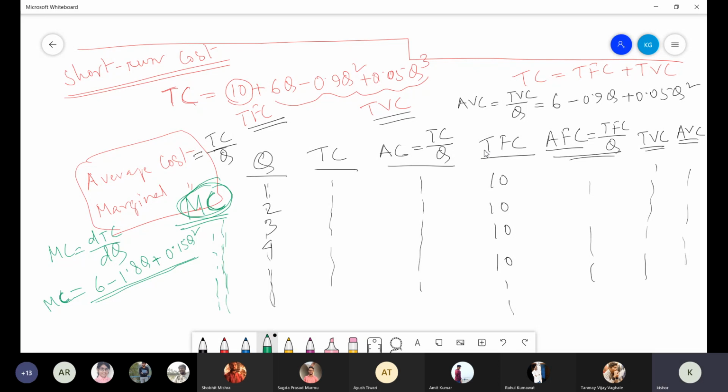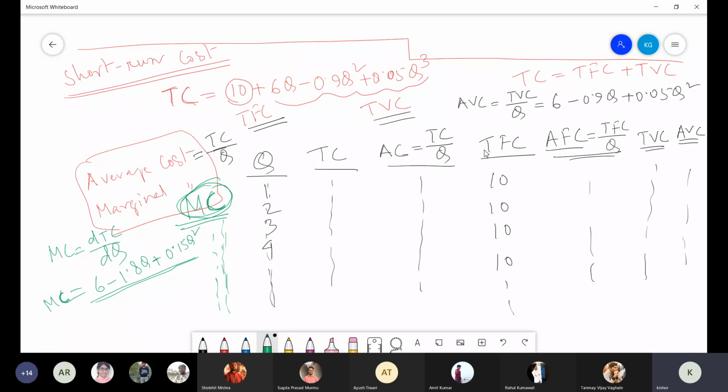And what is marginal cost? It is the minimal cost you need to incur because of producing one additional unit of a particular product. Suppose you are producing 100 units. For 100 units, your total cost is, suppose, 1000 rupees. Then you produce one additional unit, the 101st unit.